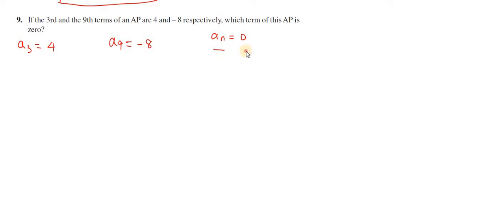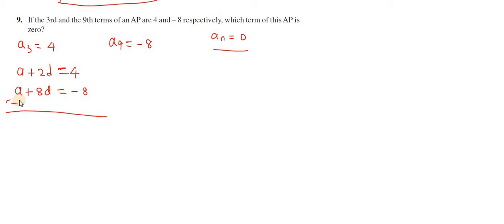Okay, we'll keep this aside and do it later. First we'll find A and D from this. We know how to find A and D. A3 is A plus 2D is equal to 4, and A9 we can write as A plus 8D is equal to minus 8. Now simplify this.